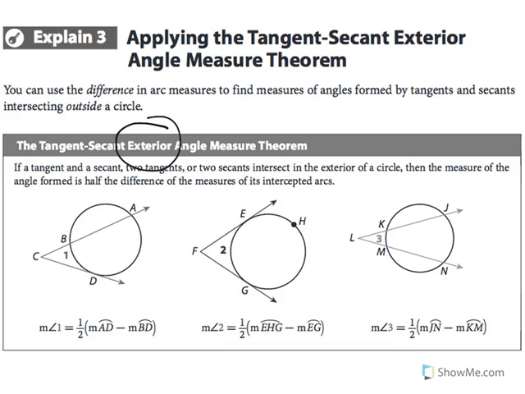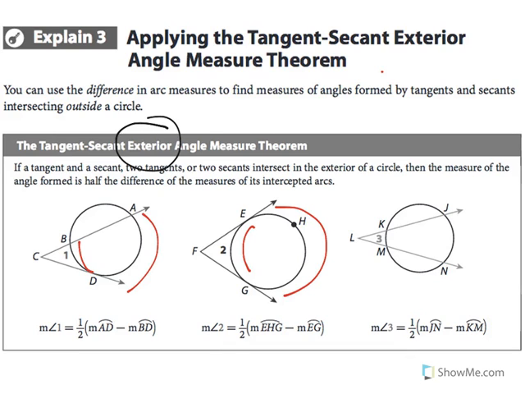Notice that in day one the angle is the sum, but now it's the difference, so this is subtracting. Here, angle 1 is 1/2 of the difference of the arc from A to D minus the arc from B to D. Similarly, with two tangents, angle 2 is equal to 1/2 of the arc EHG minus the arc EG.